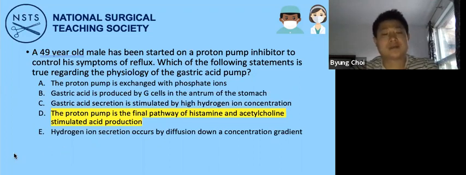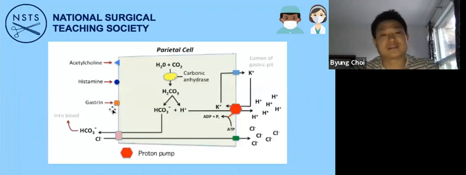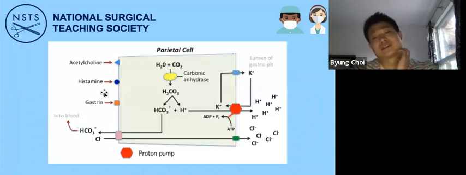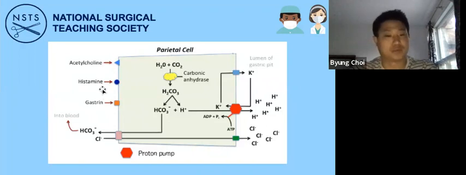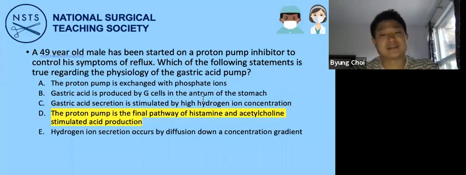That isn't true, because the actual stimulating factors are acetylcholine, histamine, gastrin, and I'll go through some a bit later on. The concentration of hydrogen ions, which is an end product, wouldn't be a stimulating factor. It would actually be the opposite. It'd be an inhibitory factor, because if you have increasing gastric acid levels in the stomach, it would have a negative inhibitory effect on gastric acid secretion.